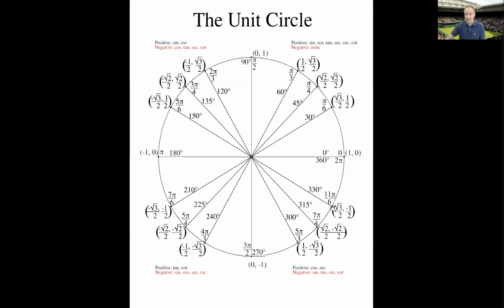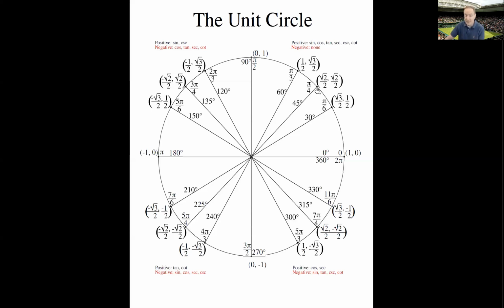And then finally, at 11 pi over 6, you would say 11 pi over 6 and 1 pi over 6 have the exact same two x and y components, again with the exception that the sign on that y component is negative since it's moving downward 1/2 of a unit instead of upward 1/2 of a unit.